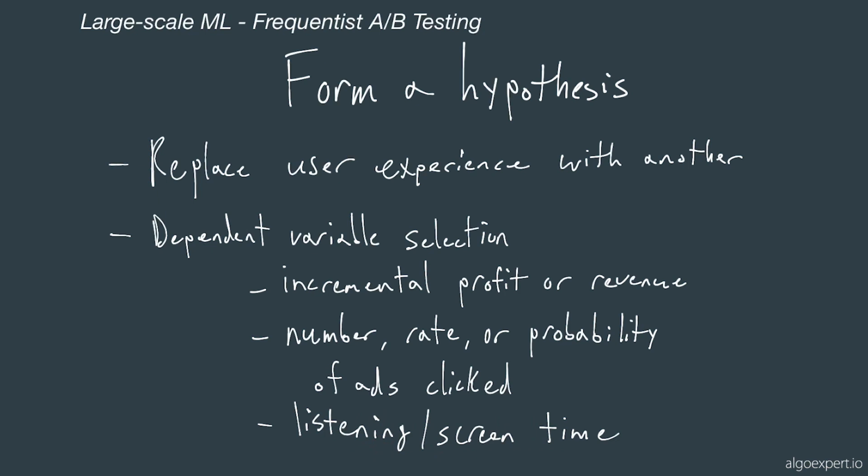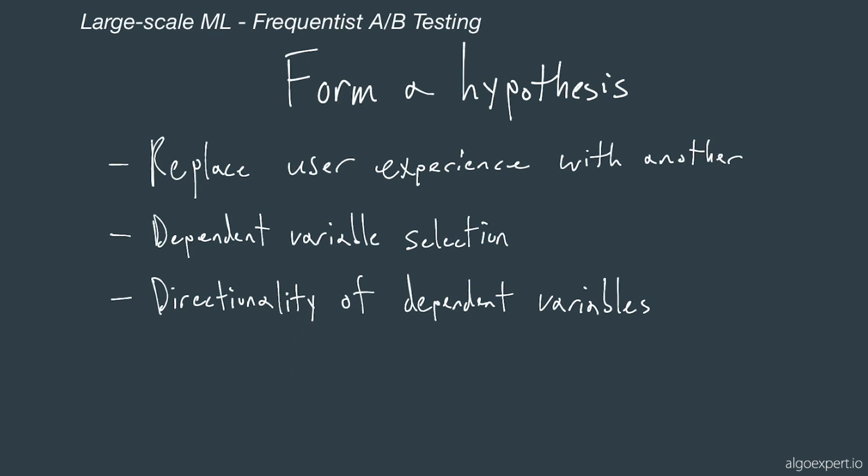Next up, we want to talk about the directionality of these dependent variables. We want to be very specific in which way these dependent variables will move. As well, we want to anticipate multiple changes. So if we make an assumption that revenue will go up, we also need to make an assumption about what will happen to profit. If we have an algorithm that is lifting revenue, but it's pushing a lot of loss leaders, that's the case where you would have a business loss in terms of selling that item, but you hope that customers purchase another item as well that you can actually make a profit on.